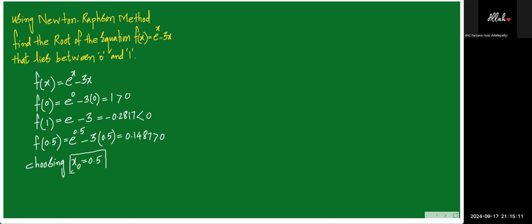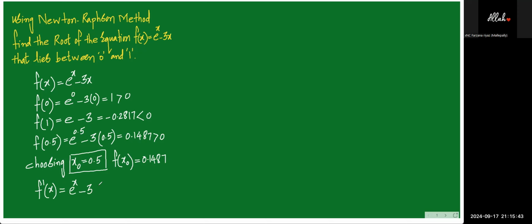We are assuming that the root is near 0.5, and f of x0, where x0 value is 0.5, we got the answer 0.1487. Now we have to calculate f dash of x also. The derivative of e power x is e power x only, minus 3 into derivative of x which is 1, so we get e power x minus 3.